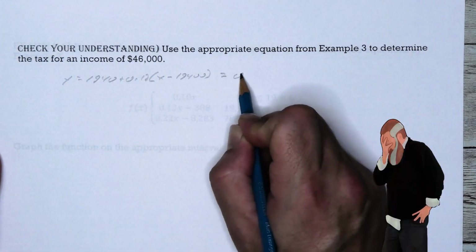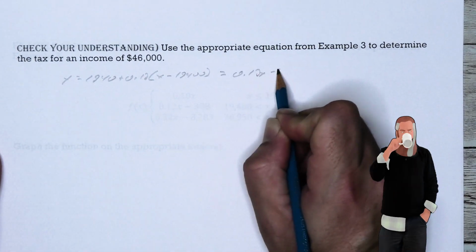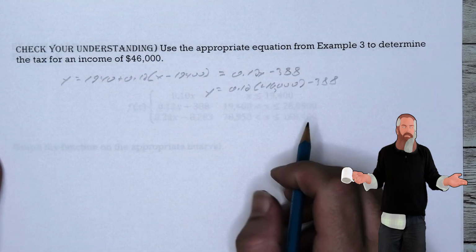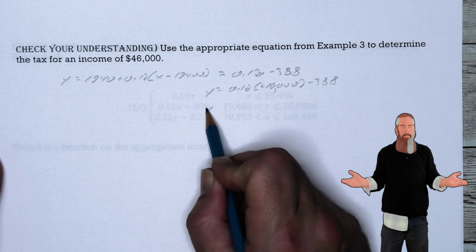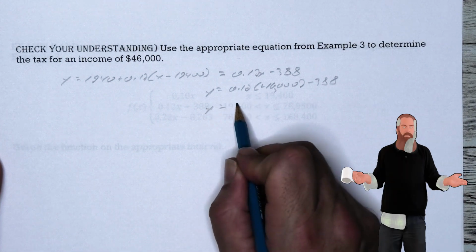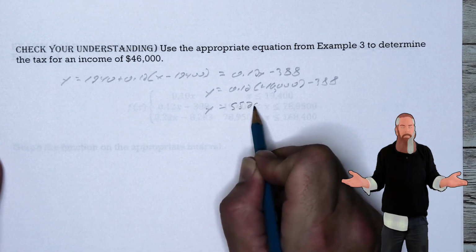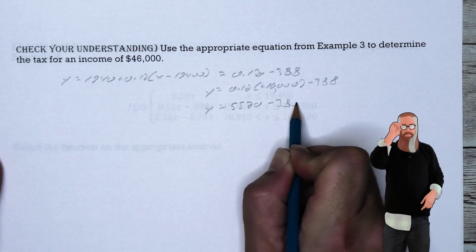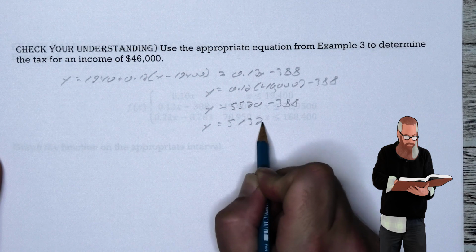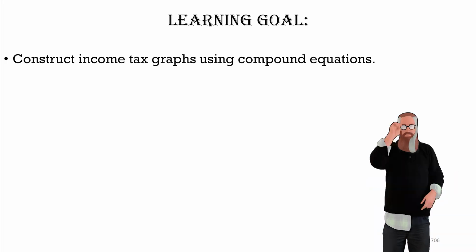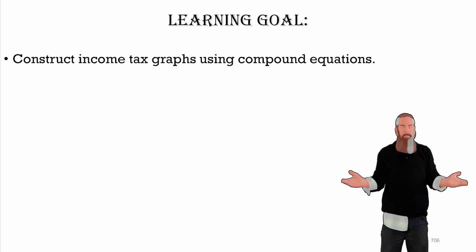This did give us 0.12x minus 388. This means that we would substitute 46,000 for x, multiply that by 0.12 to get 5,520 minus 388. This means that y is $5,132.